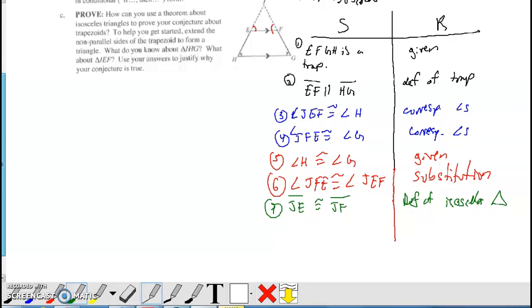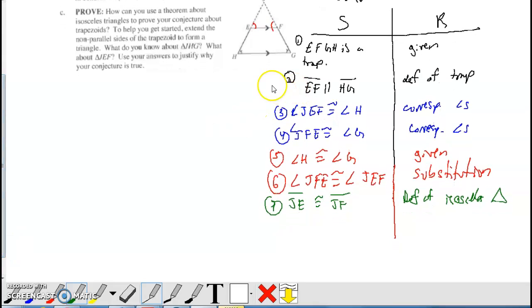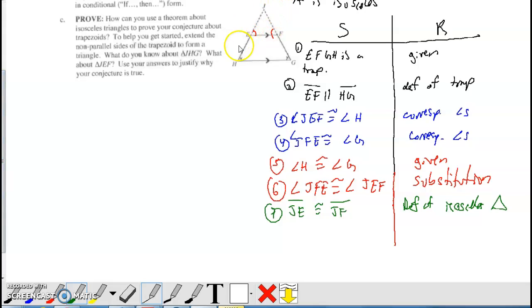And if that is the case, what else do I know? Let's bring it down a little bit more, oops, can't see this anymore. Let's think about this logically. So let's say JH is made up of JE plus EH. I also know that JG is made up of JF plus FG, right? Why do I get to say that? Reason: segment addition, from the picture.